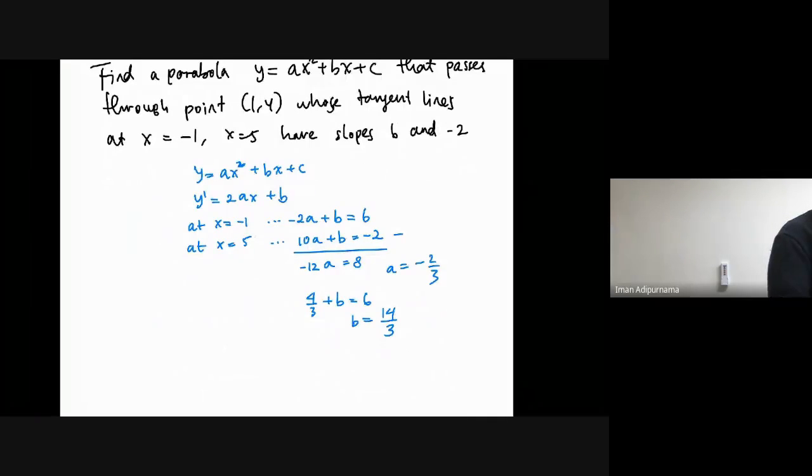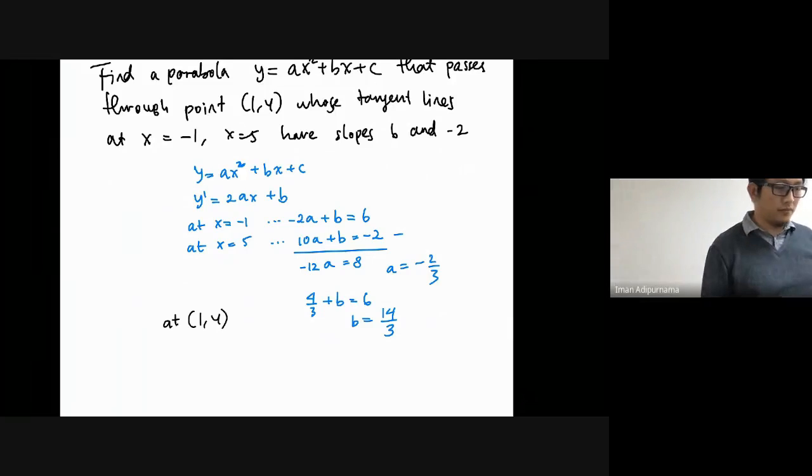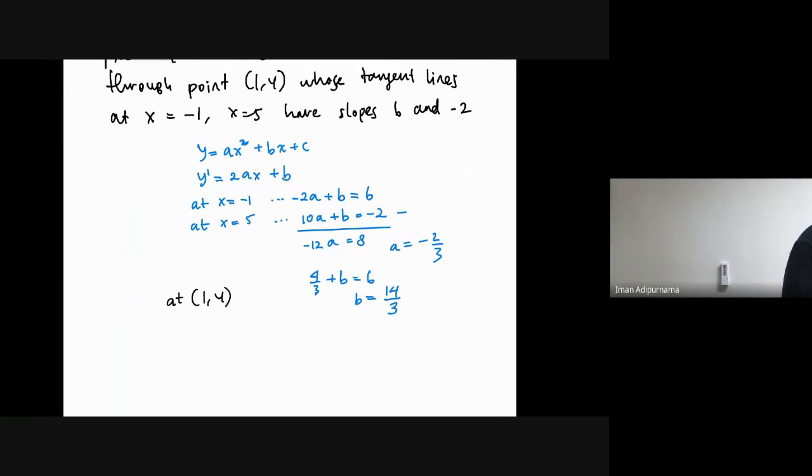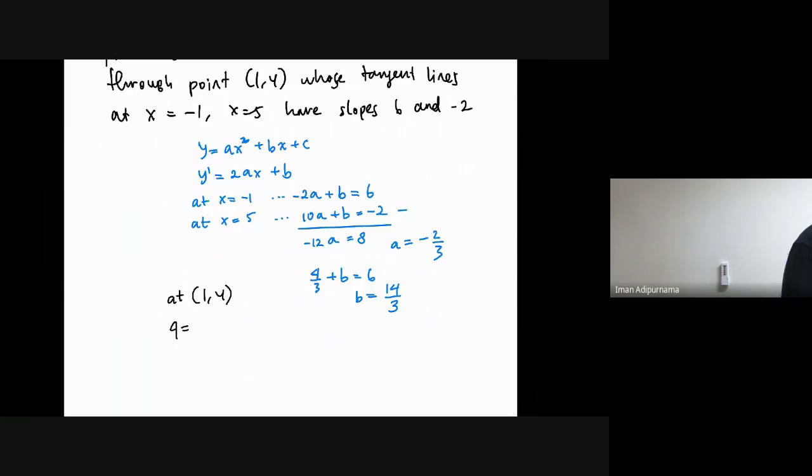And then we have the point (1, 4). So I will write the whole equation. So y equals ax squared plus bx plus c. So this is 4, and a is -2/3, x is 1, plus 14/3 times 1 plus c.